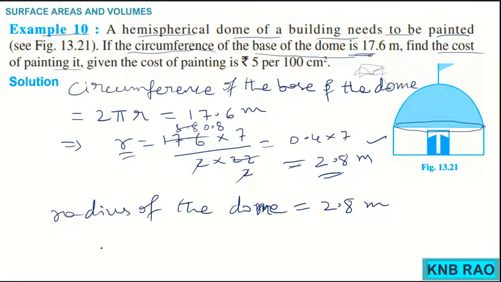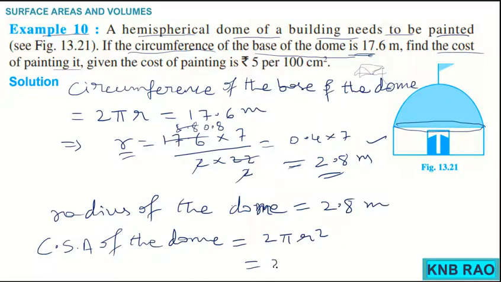You know, for the cost of painting, before finding it, we need to find where all the painting is done. Painting is done on the curved surface of that. So, the curved surface area of the hemispherical dome is found with the formula 2 pi r square. So, 2 into 22 by 7 into 2.8 into 2.8.